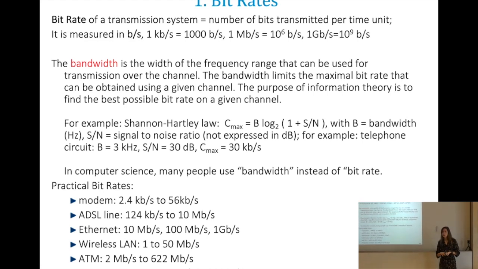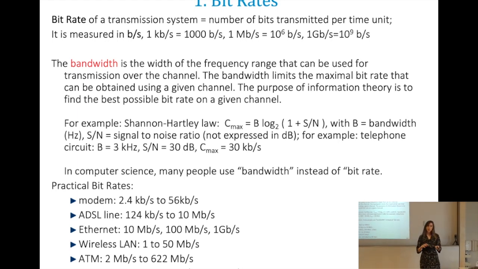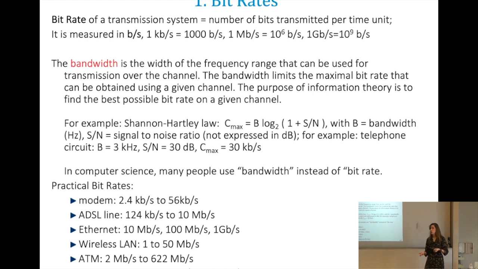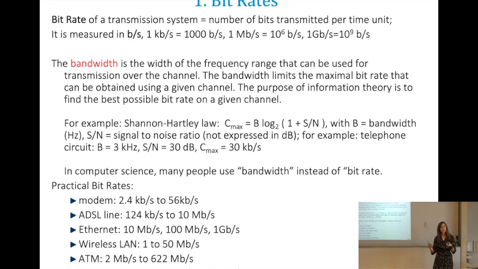Oftentimes it is confused with the word bandwidth because it's typically proportional. But the bandwidth is just the width of the frequency range that you can use over that channel. In some research areas, they focus on how to achieve the best bit rate with a certain bandwidth allowed on a channel.